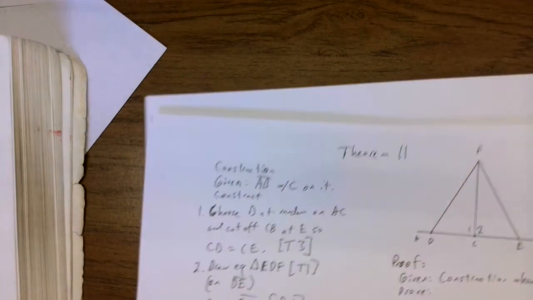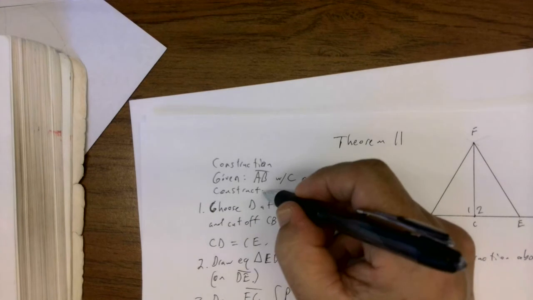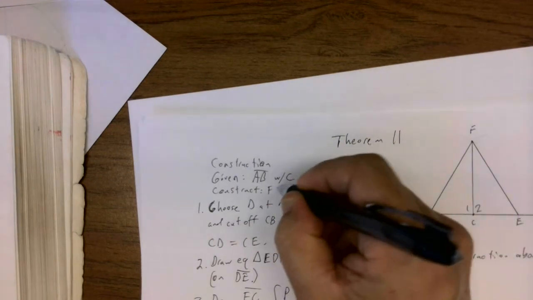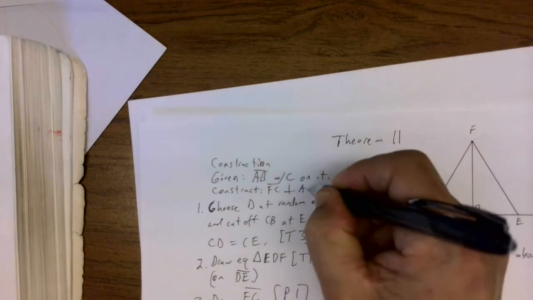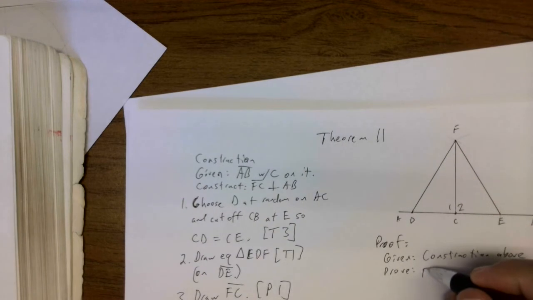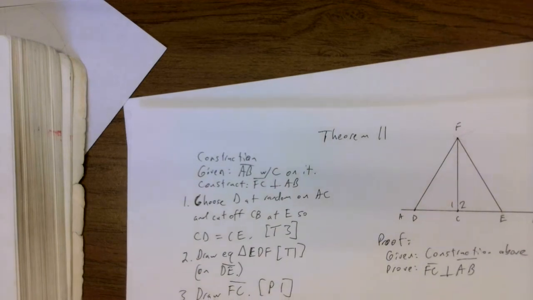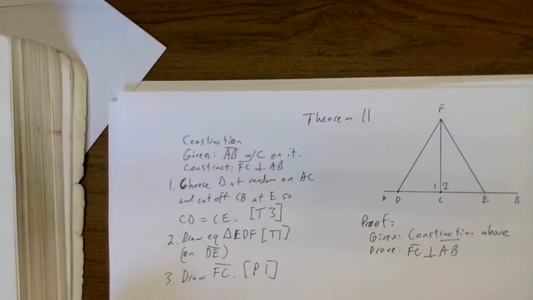Sorry about that, missed that. Our goal is to construct FC perpendicular to AB. So that's what we have to do. We have to prove that what we set out to do was the actual thing that was done.